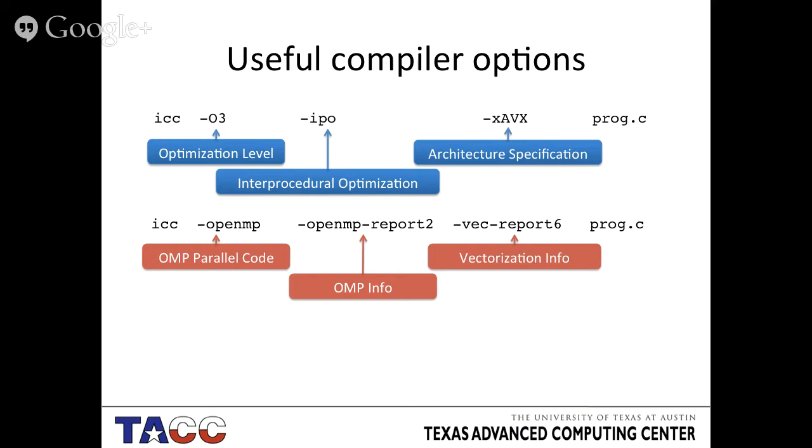But what this will do is produce more verbose output telling you which sections of the code were parallelized according to your pragmas, what sections of the code were vectorized, what loops were vectorized, and if they were not vectorized, why. In some cases, this is because there's a call to an external function that is impossible to vectorize. In some cases, it's because the compiler believes there are not enough iterations in the loop to make it worth sending to the vector unit.